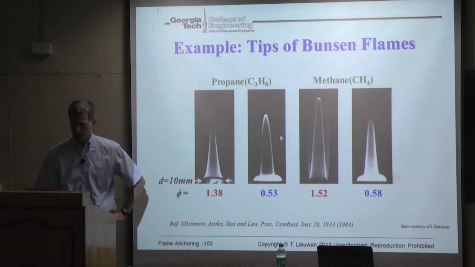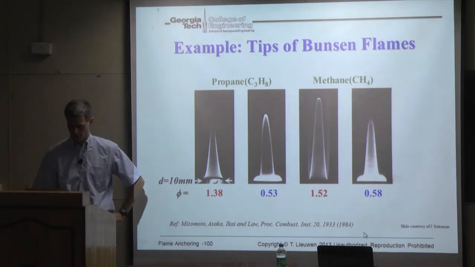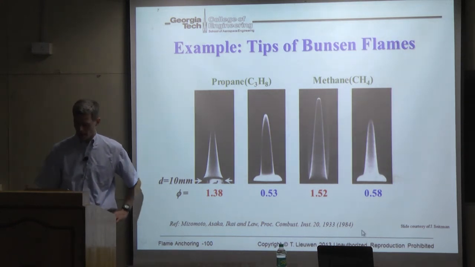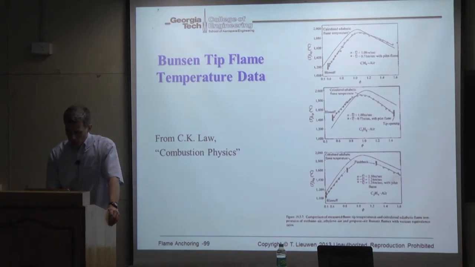In fact, this goes to what we just mentioned. If you look at data, these are propane flames, rich, lean. This is methane, rich, lean. This is from this paper from Professor Law's group from 1984. Again, if we think about propane, that's down here, when we're rich, we expect the flame temperature to be below the adiabatic flame temperature and burning rates to be decreased.